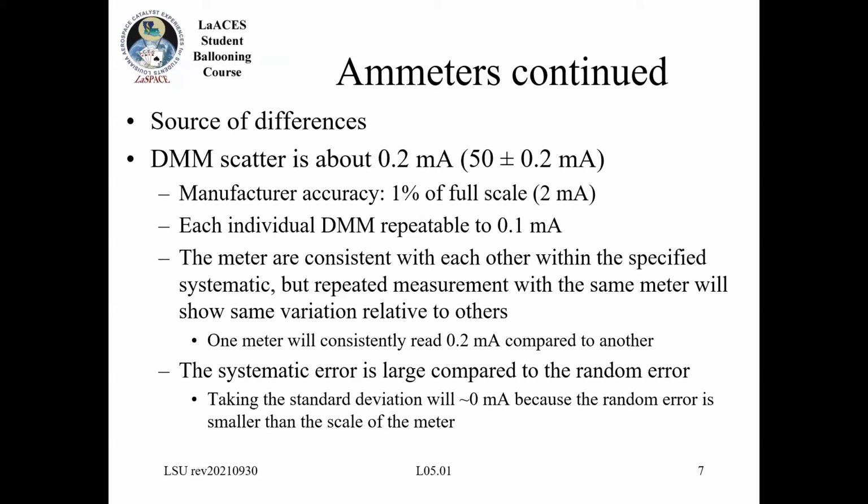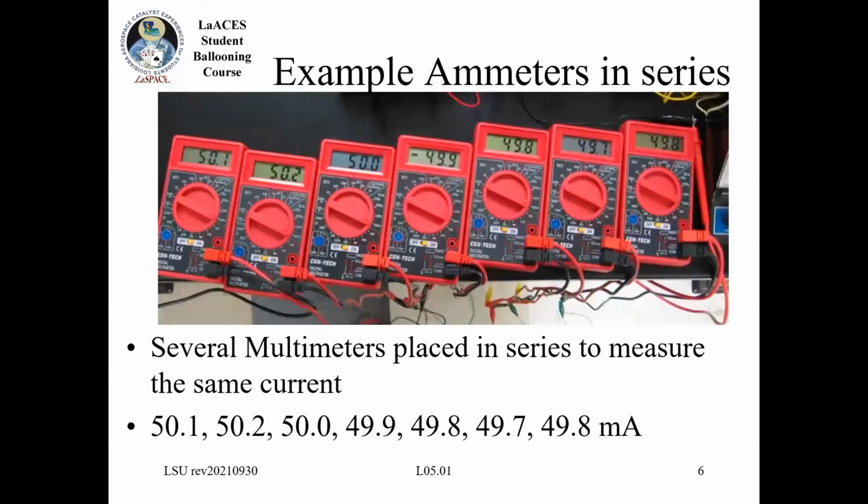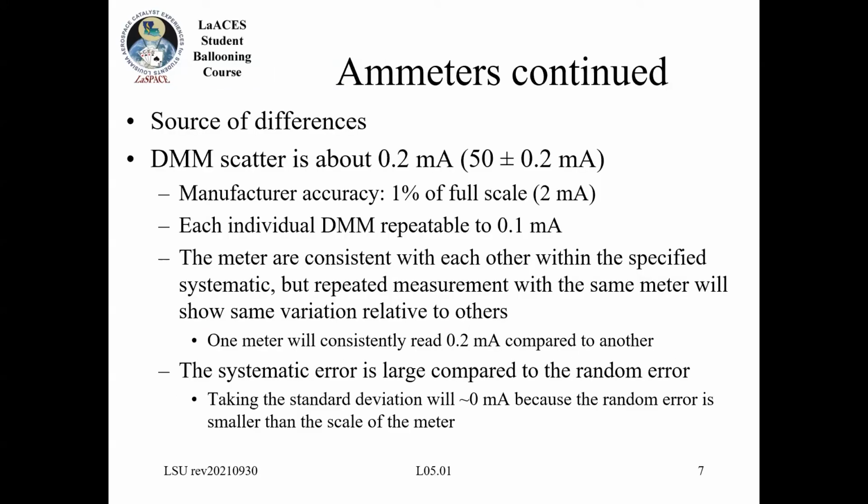So I would expect an error of 2 milliamps. Or sorry, the scale is 200 milliamps. I believe I misspoke. But we're actually seeing less spread than you would expect just based on that manufacturer's accuracy.